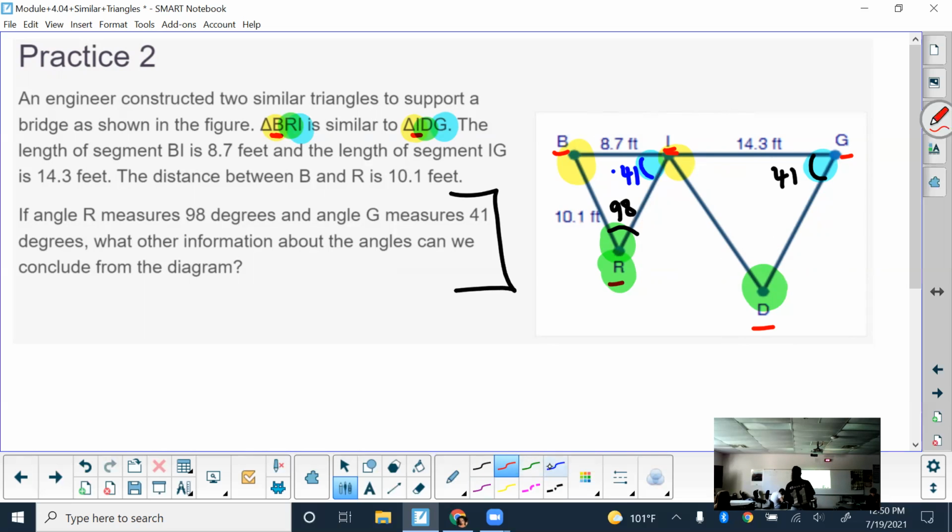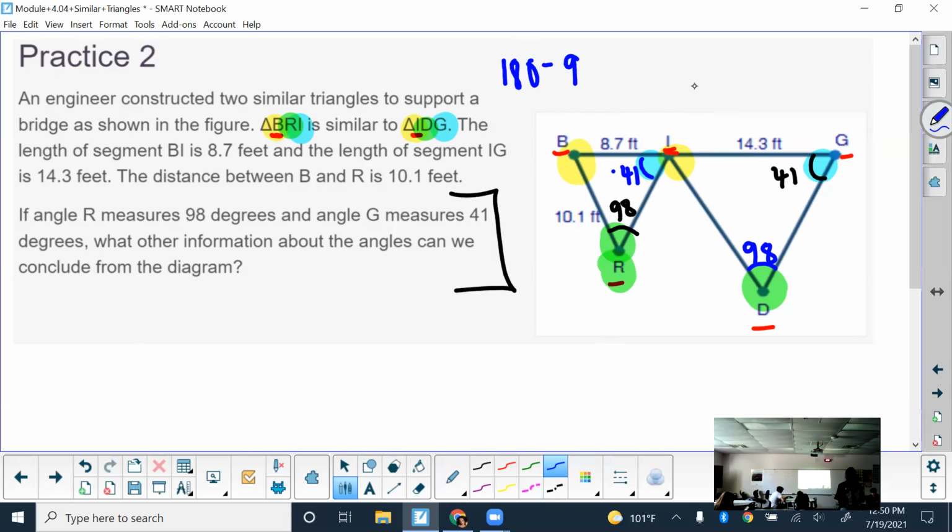I can figure out angle D from what's labeled, because this should match its corresponding angle. So what should D be? 98, good. Am I able to somehow figure out this yellow one? Yes, I can.